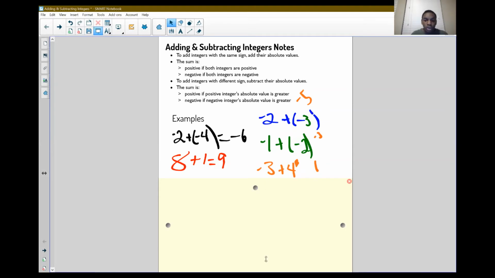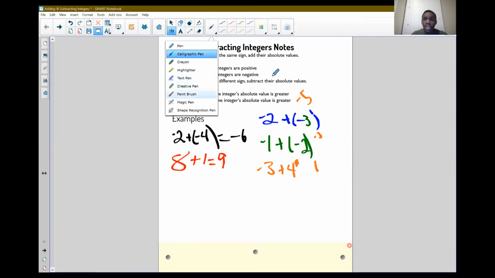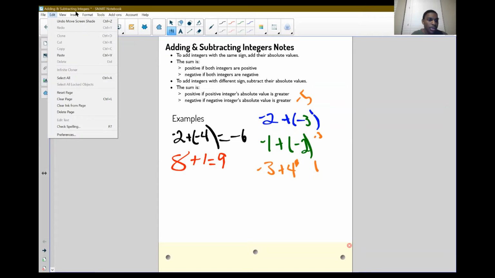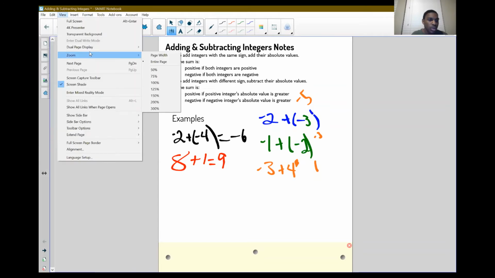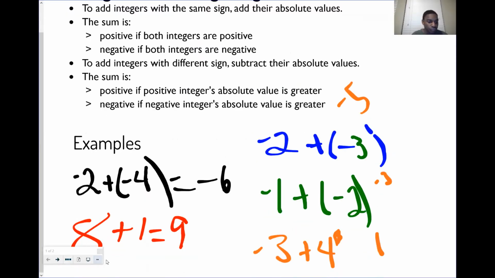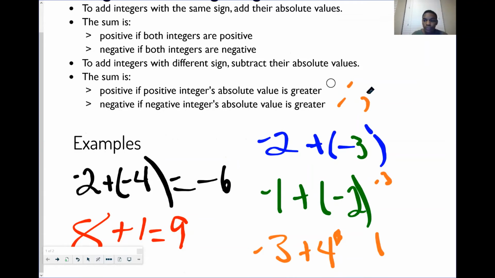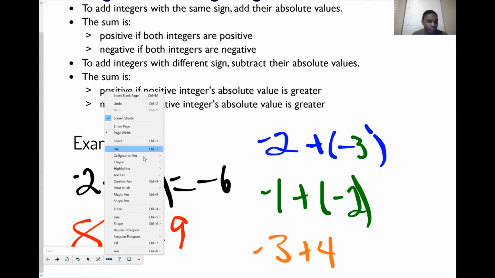Let me get the eraser here. Actually, let me do something here. I'm going to do the screen. Okay, all right. I'm just going to write this real quick. It's best for you to write it out, just in case.